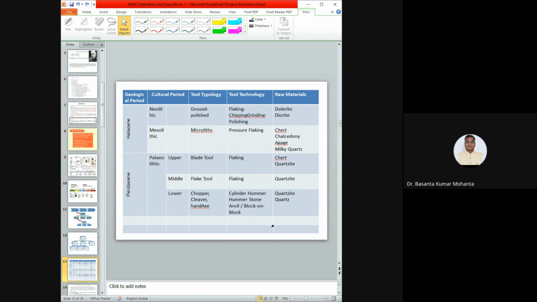Blades also chert and quartzite. Microliths, different shades of chert like grey chert, black chert, banded chert, chalcedony, agate, milky quartz, etc. And the Neolithic tools are basically prepared with dolerite, diorite, etc.